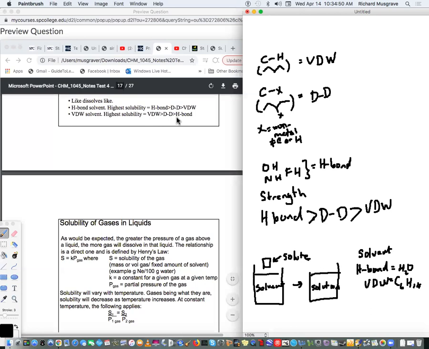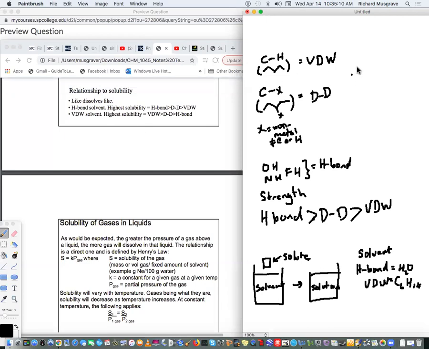Obviously, if we put water in with the gasoline, that's not going to do so great. We know that those are not going to be soluble in each other. Does anybody have any questions? All right, so I'm going to add that to the summary over here, and we're going to look at four different solvents.